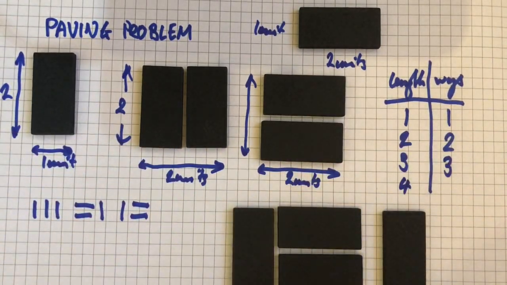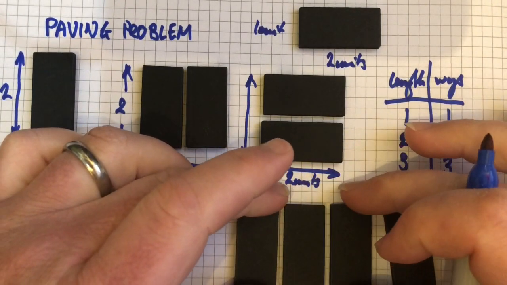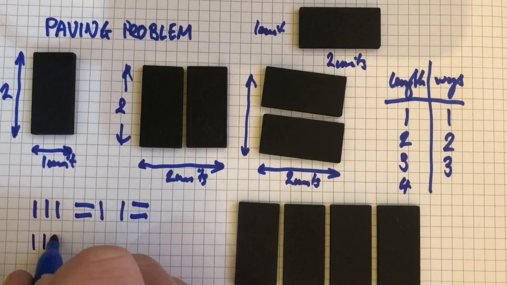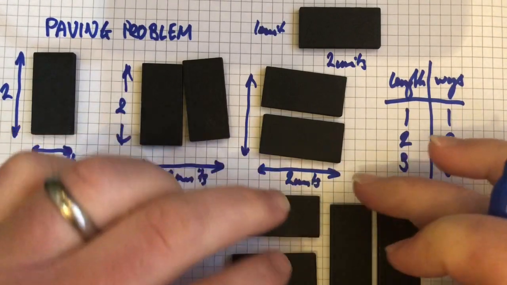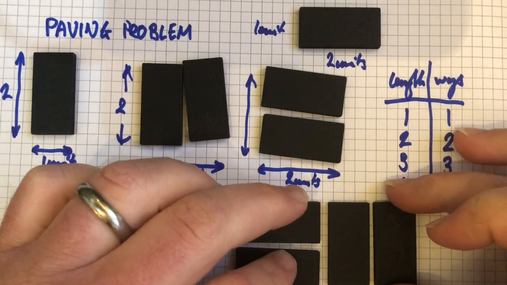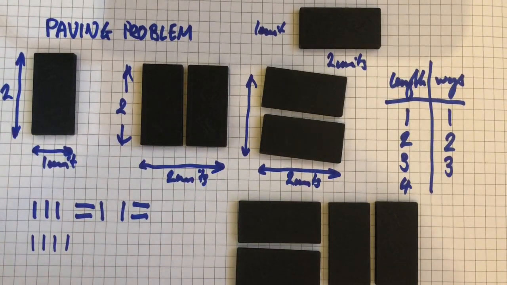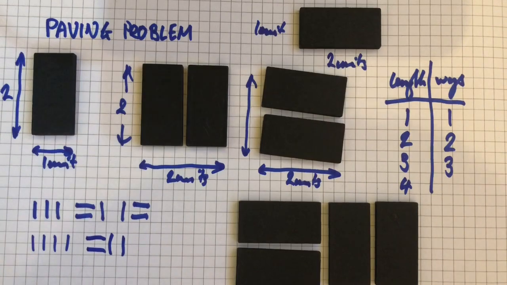I'm going to draw these down here. So again, if we start 1, 2, 3, 4 long, so we have 1, 2, 3, 4. That's 1 way. Now I can twist these 2 round here. That's another one. If we look, it's 4 long, 2 wide again. So we've got 2 across and then 2 down like that.